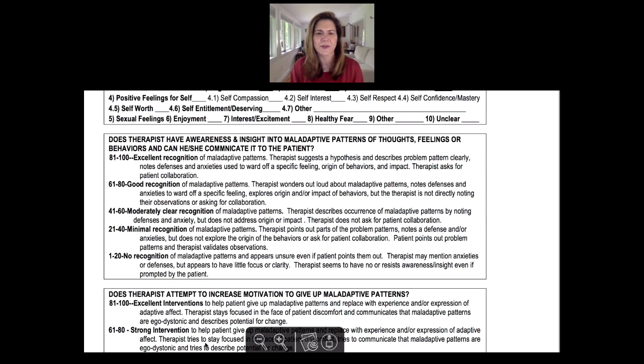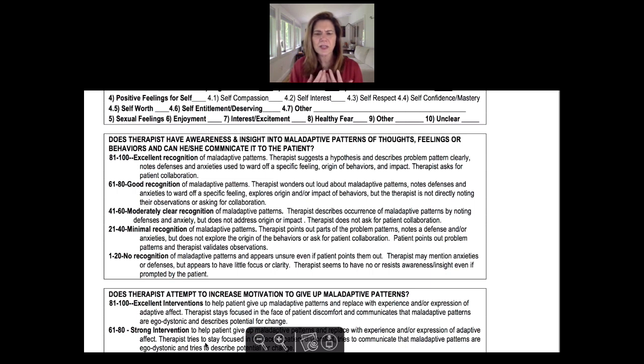or with your friends. Another thing that you need to be paying attention to is how are you helping your patient increase their motivation to give up their maladaptive patterns? And so, are you able to explore cost and benefits with them? Are you able to explore grief that comes up when looking at defenses?